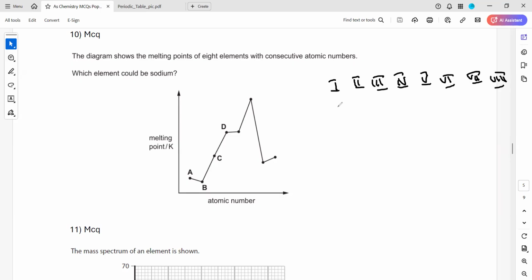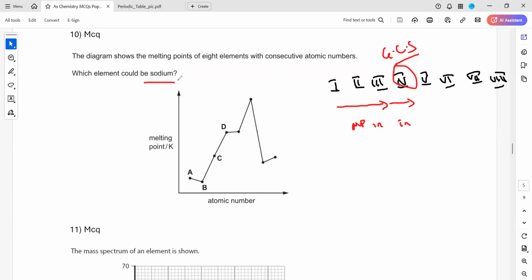Group 1, 2, 3 have a metallic bond. The size of the metal ion is smaller and the attraction is more, so the melting point increases. Even up to group 4 it increases, because group 4 has a giant covalent structure. That's why it has the highest melting point. The peak in the melting point is always occupied by a group 4 element.